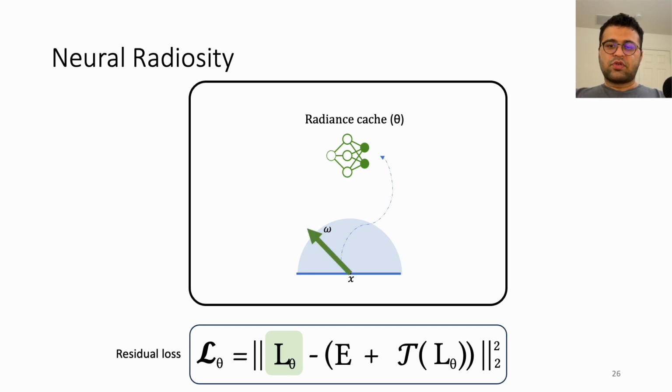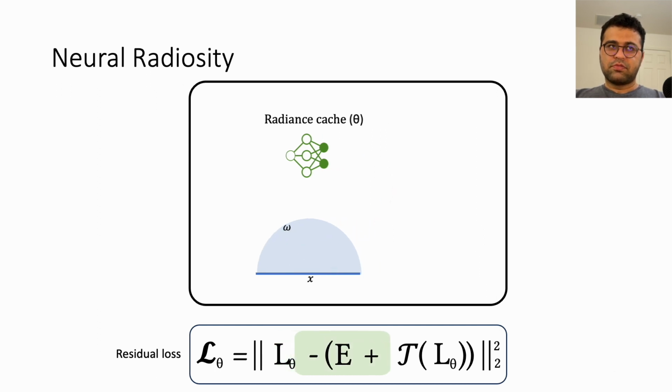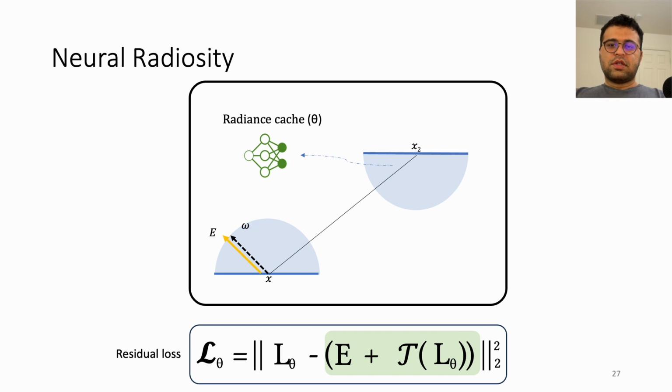Here we show the outgoing radiance resulting from a query to the network using a green arrow. The second term is basically emission plus the transported radiance, which involves querying the network at the subsequent bounce, shown as a green arrow. Then the result of the network query is treated as the incident radiance at location x and scattered towards direction omega.